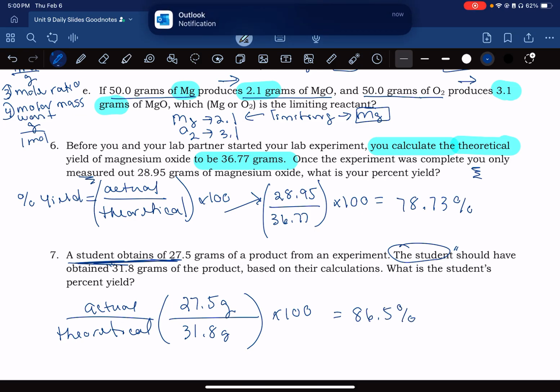Okay, perfect. So this is our percent yield, right? That equals percent yield.